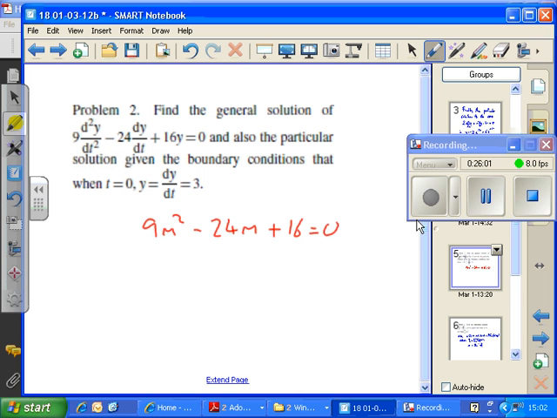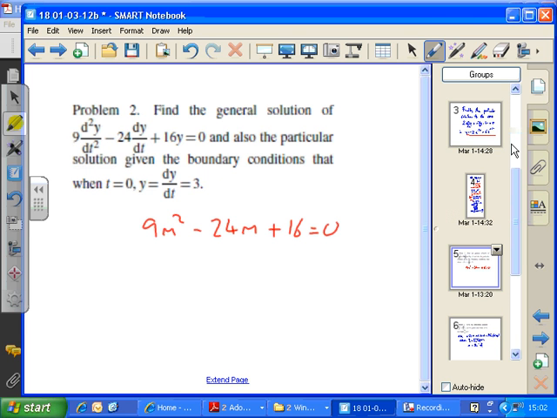This turns out to be a perfect square, so the solutions are equal and real, and it turns out that m equals minus 4/3, or minus 1.3 recurring.